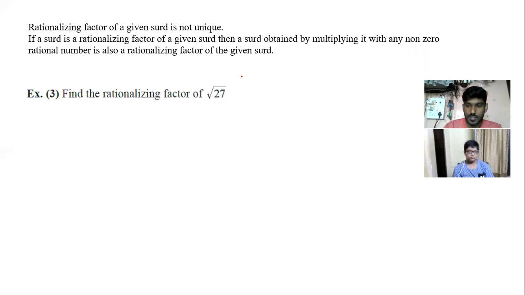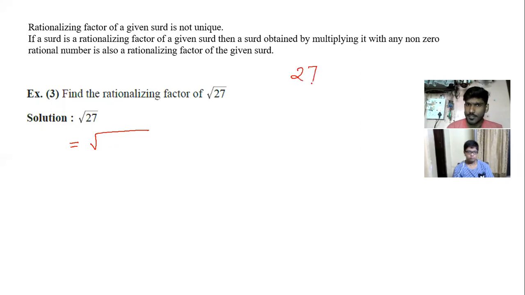So let's see, for example, square root of 27. This surd can be reduced.